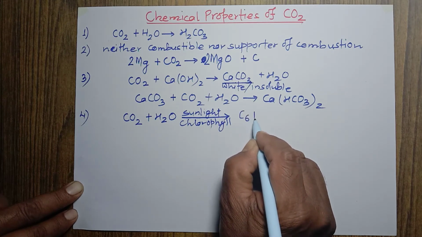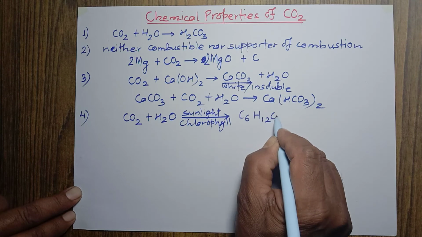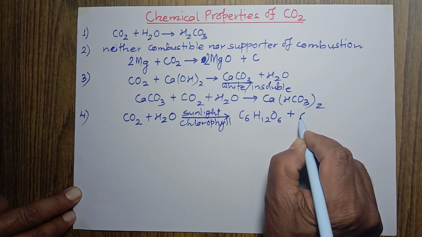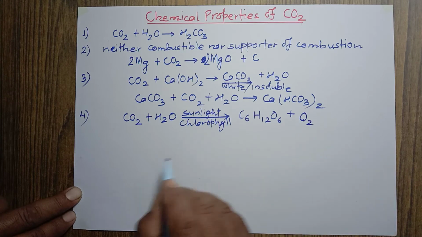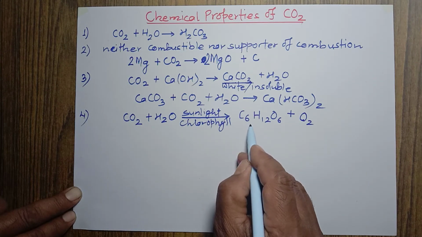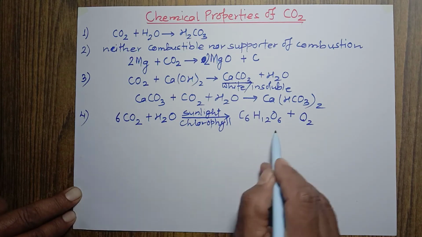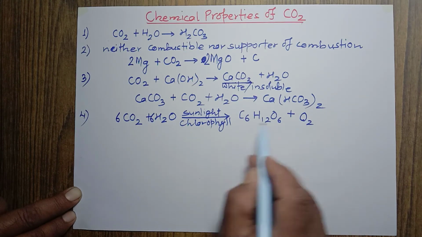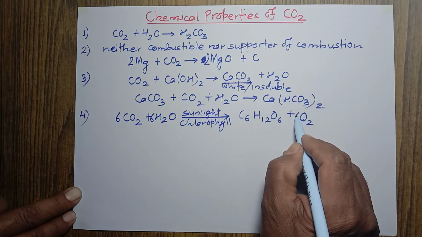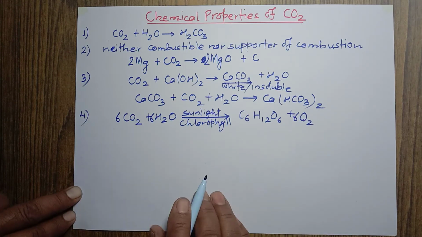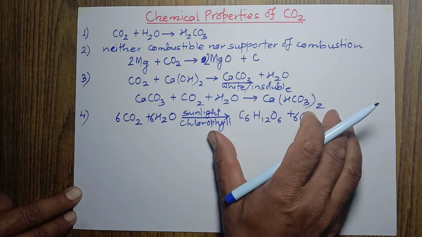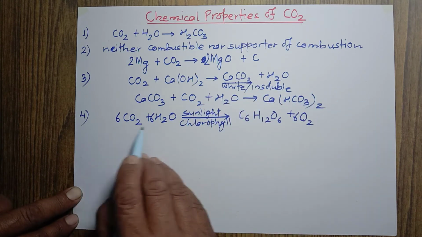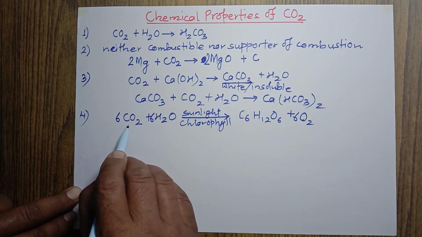Glucose formula is C6H12O6, and there is a byproduct. This byproduct is oxygen. Now here carbon is 6, that's why we can take 6 here. Hydrogen 12, that's why we can take 6 times 2 is 12. Now the oxygen also, 6 times 2 is 12, 6 plus 6. This is the photosynthesis process shown in the form of a chemical reaction. This is one of the important chemical properties of carbon dioxide.